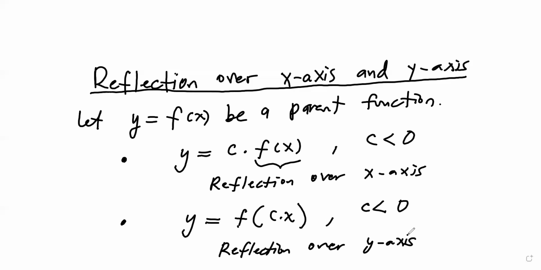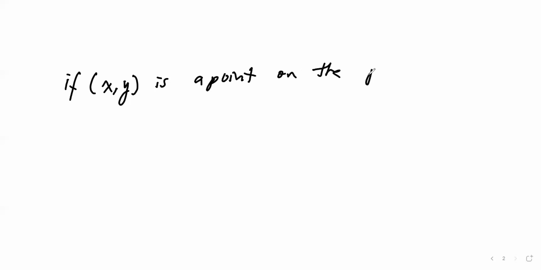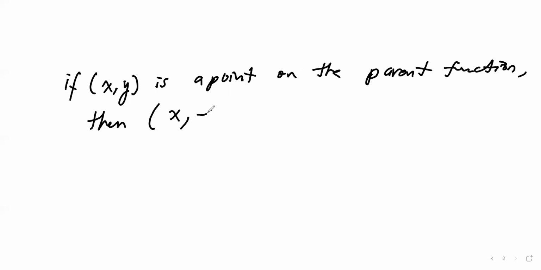So I'll formulate this better over here. Here is the story. If you take any random point (x, y) on the parent function, then x does not change, but y becomes negative.